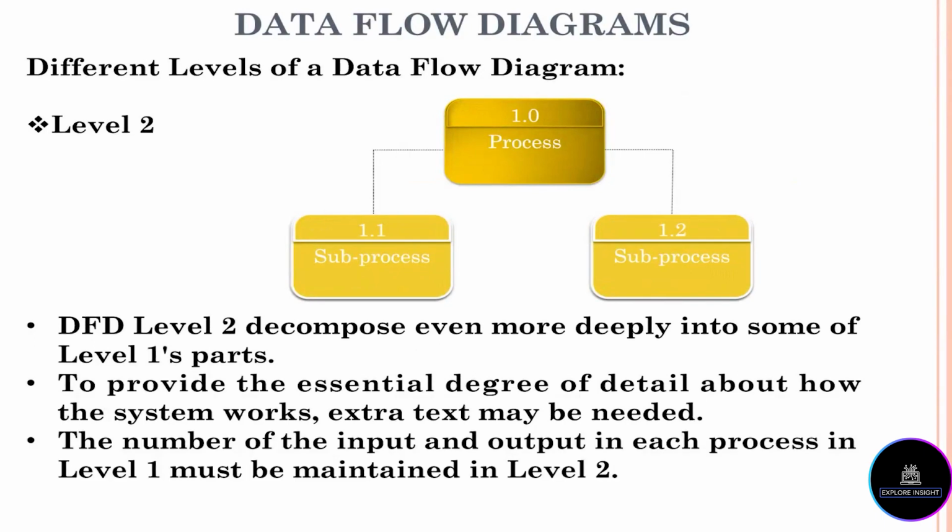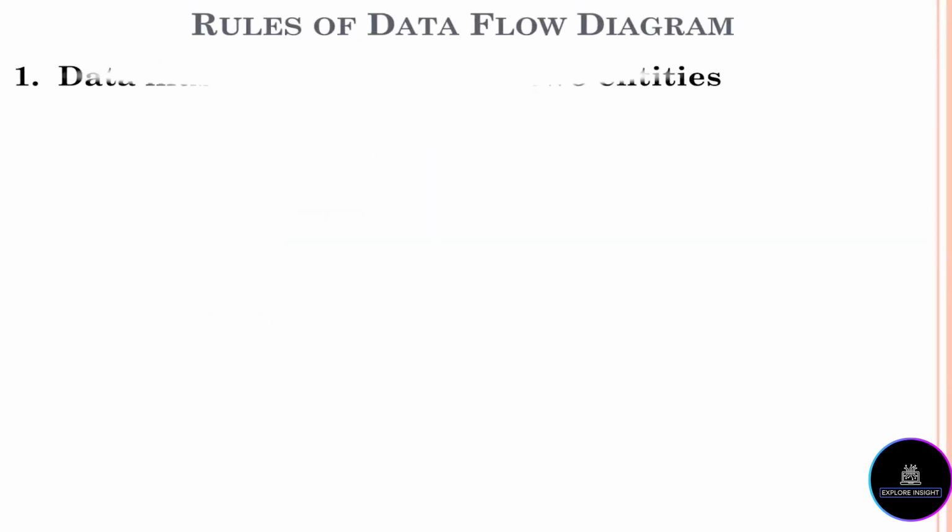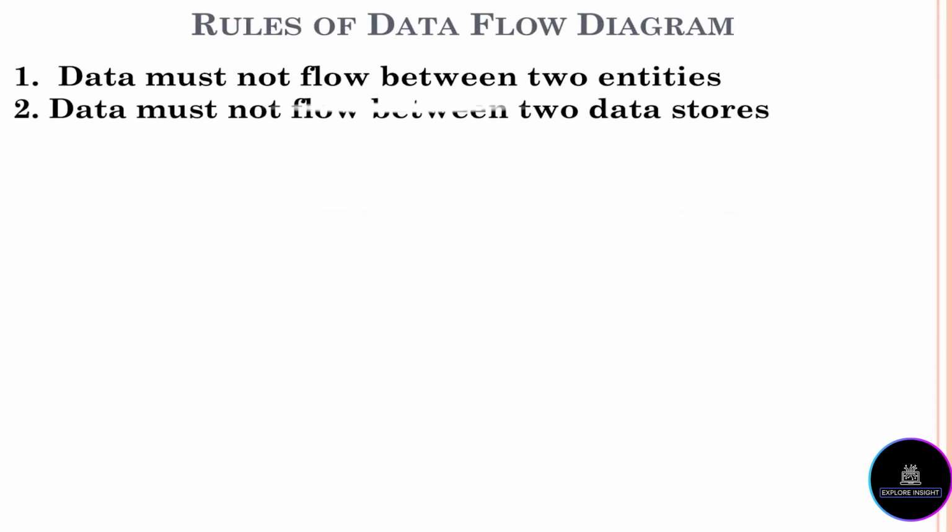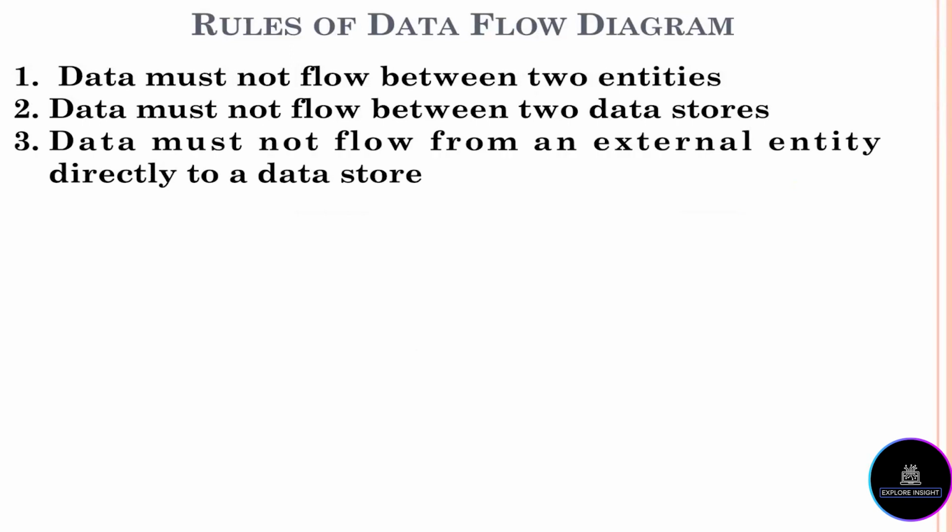Let me talk about the rules of data flow diagrams. 1. Data must not flow between two entities. 2. Data must not flow between two data stores. 3. Data must not flow from an external entity directly to a data store. 4. A process must have both input and output data flows. 5.